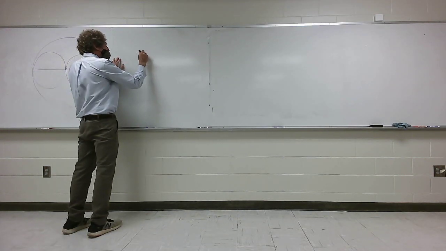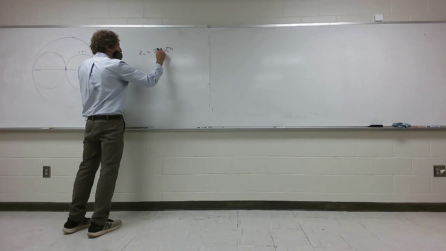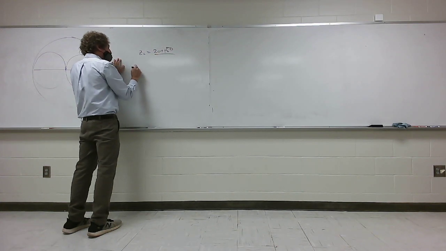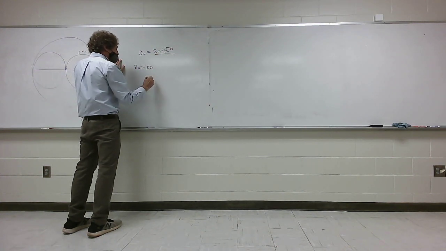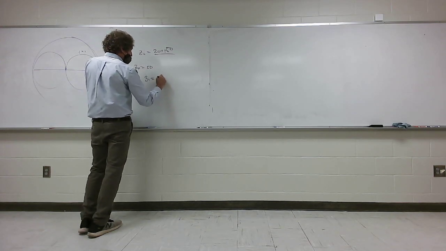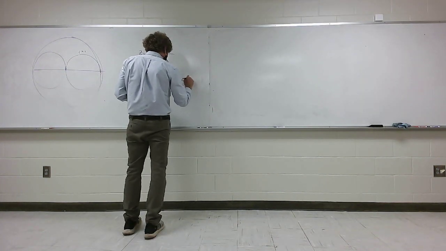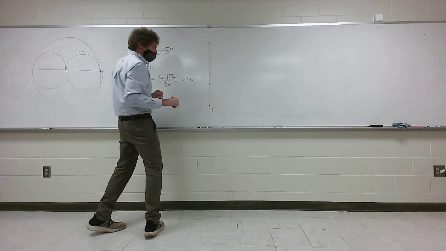So ZL is equal to 20 plus J50, and what is Z naught? 50. Okay, that means normalized is going to be what? 20 plus J50 over 50, right? Or it's 0.4 plus J1, right?